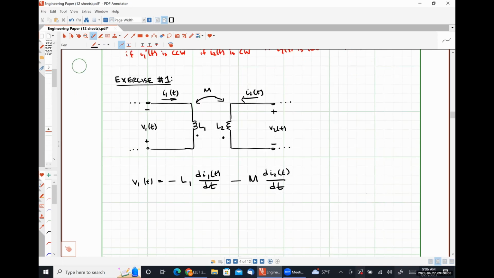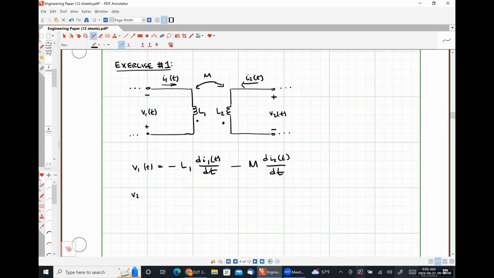That's it. Now we look at V2. Right? So we're going to have an L2 times di2 over dt term, and then an M times di1 over dt term. All right.